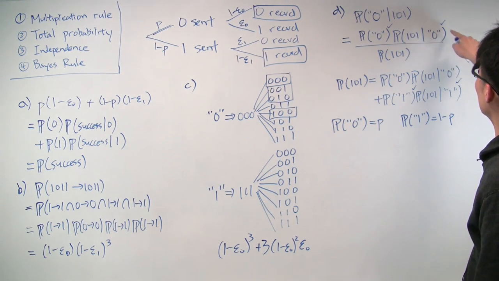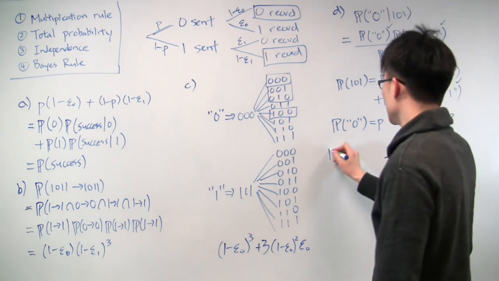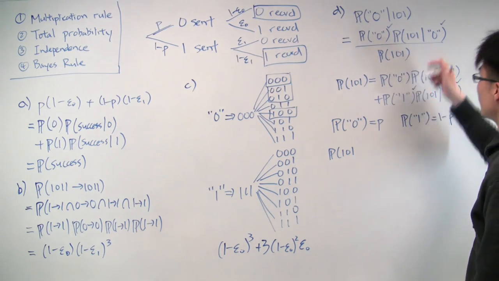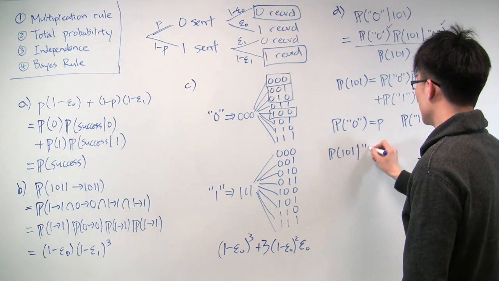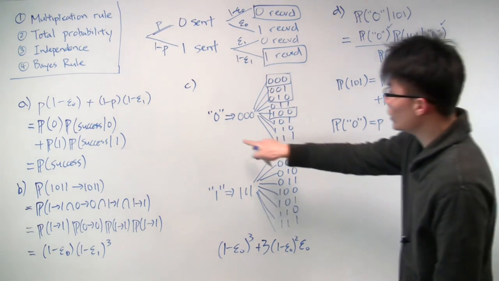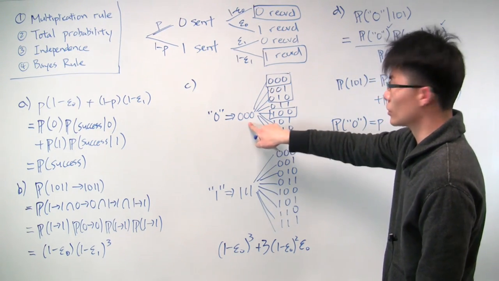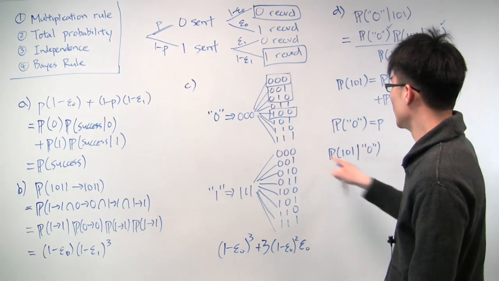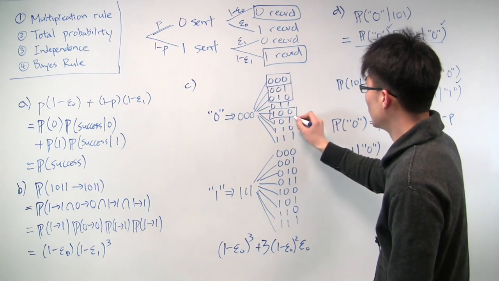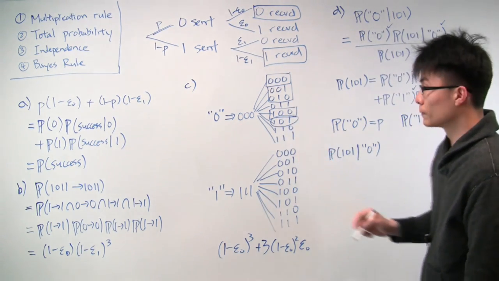Now let's figure out this part. What is the probability of a 1, 0, 1 being received given that 0 was sent? If a 0 was sent, then what really was sent was 0, 0, 0, that sequence of three bits. Now what's the probability that 0, 0, 0 got turned into 1, 0, 1?